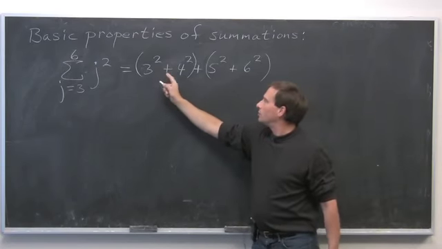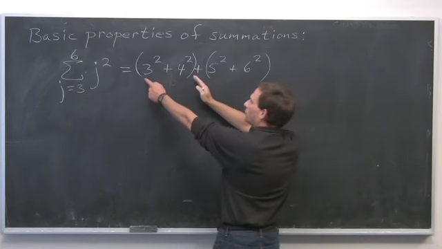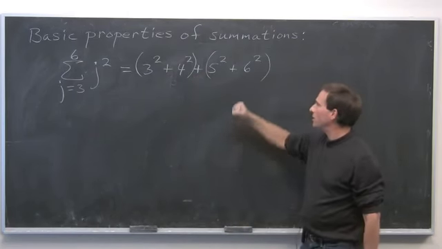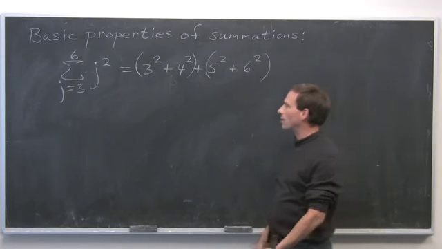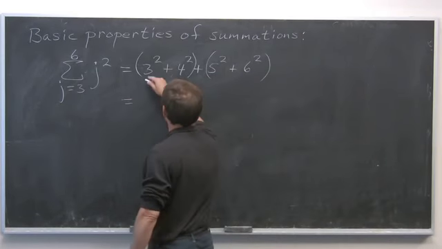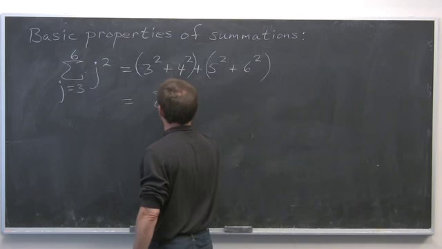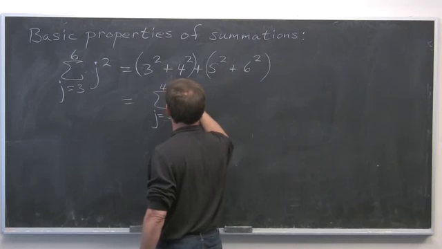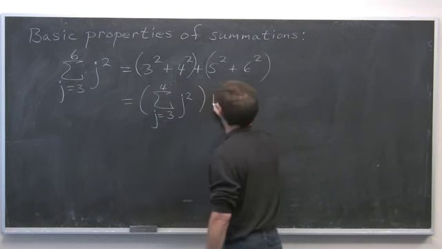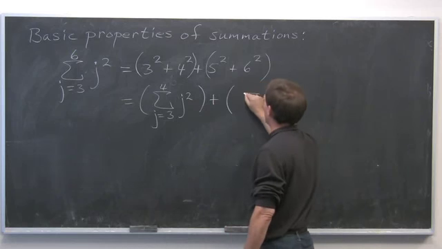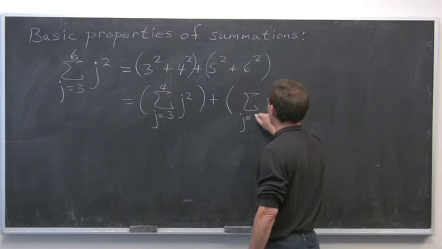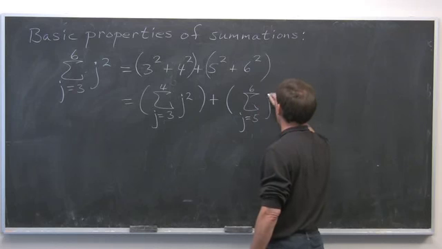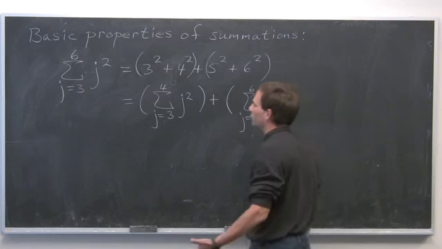This 3 squared plus 4 squared I can think of as one summation, and 5 squared plus 6 squared as another. So the part in the parentheses is the sum as j goes from 3 to 4 of j squared, and then I add to that the sum as j goes from 5 to 6 of j squared. And clearly those are equal.